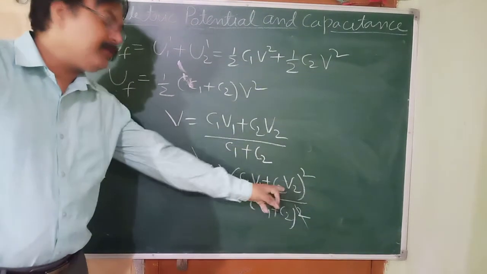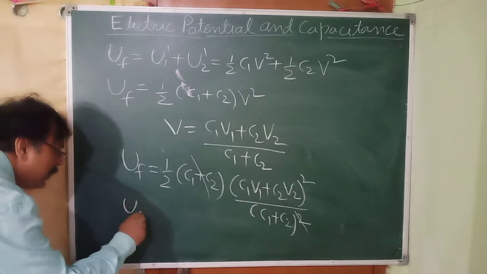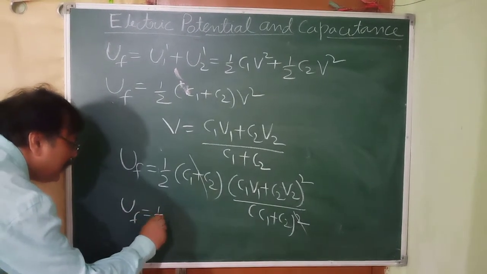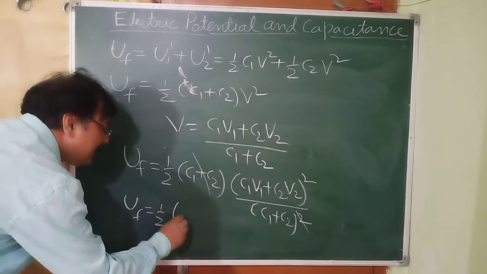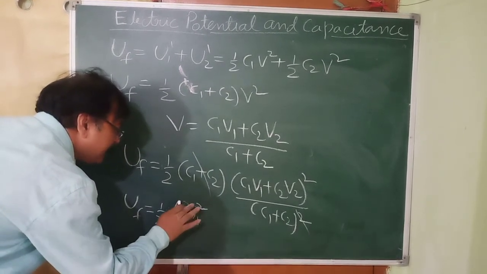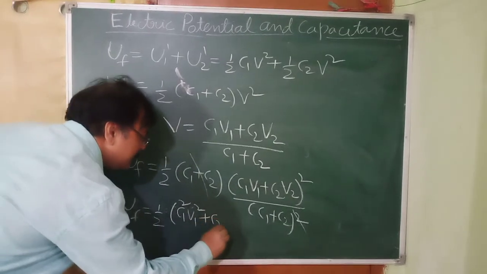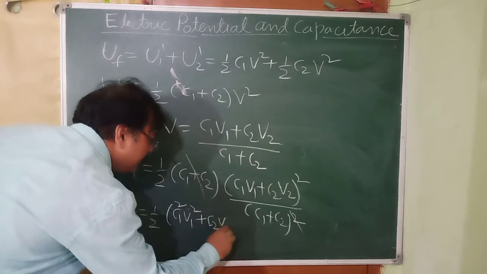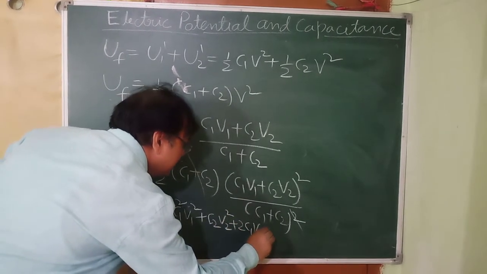Here we have to apply the formula A plus B whole square. So let's see what we get. We get UF equals 1 by 2, this C1 plus C2 is gone. Here in the bracket we can write C1 square V1 square plus C2 square V2 square plus 2 C1 V1 C2 V2.